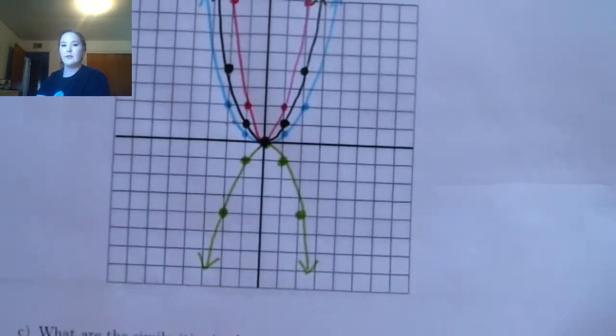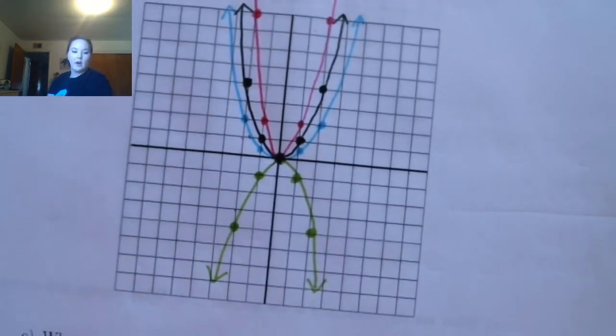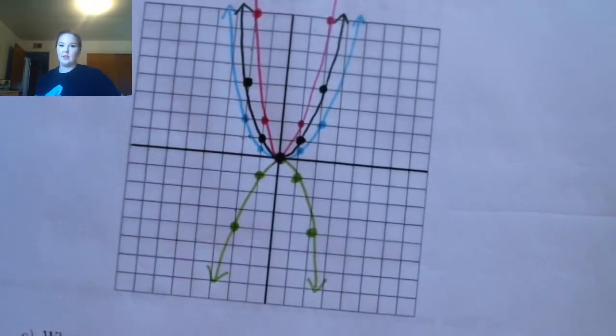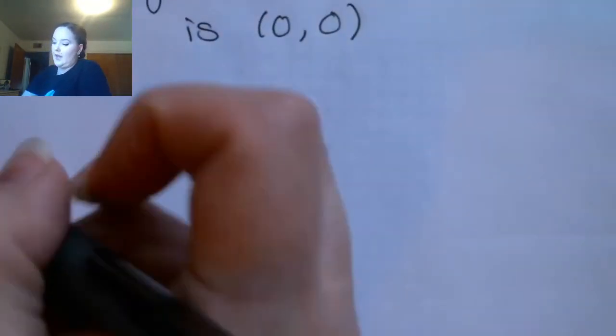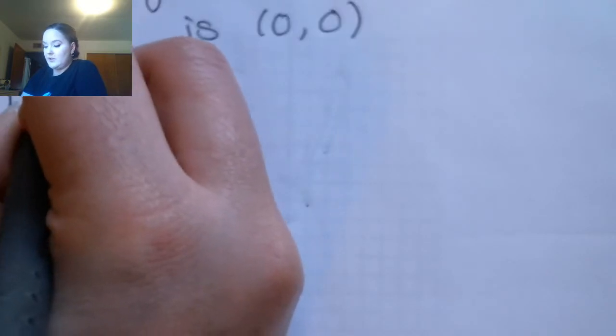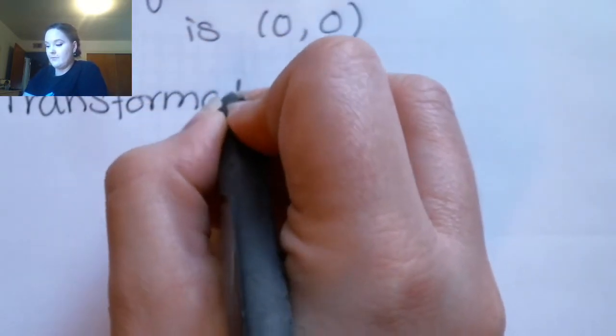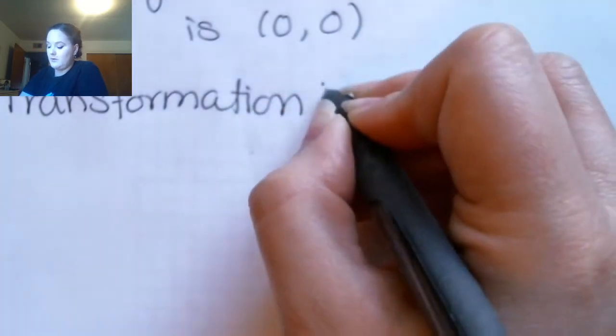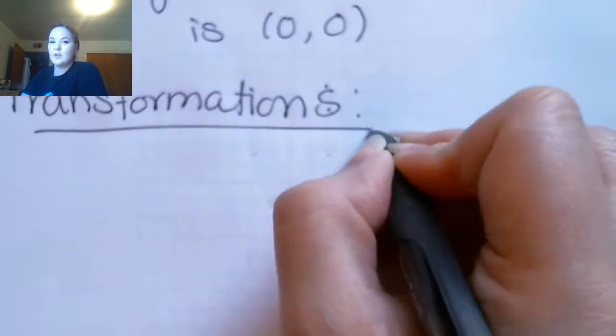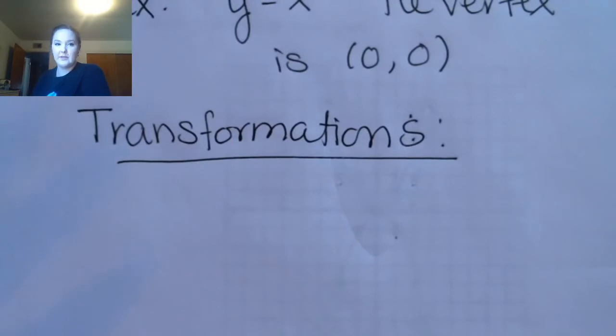All right. So let's talk about that more specifically. We are going to look at what we call transformations. These are just changes from the base graph.